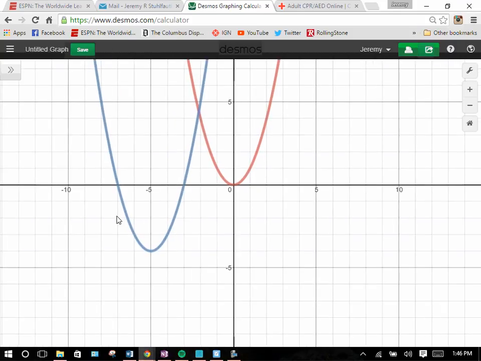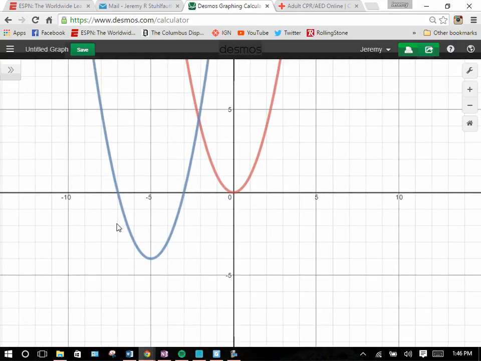Square graph, that's technically not the name of the parent function, but I know what you mean. So it's f of x equals x squared. Now, Brianna, is this function moving left or right? How far? 5 units.